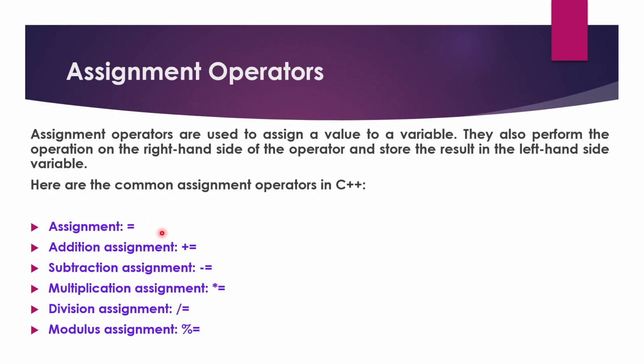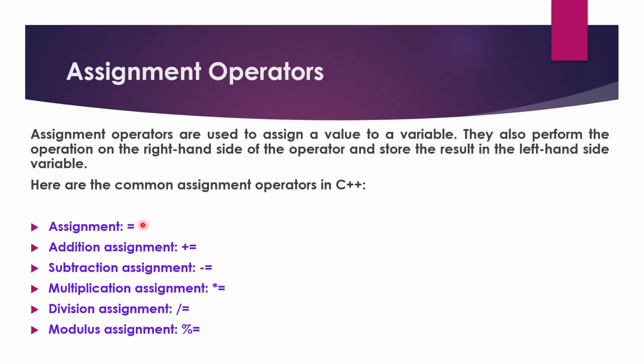At the same time, whatever is on the right hand side of the equal sign, that operation will be performed and then the value will be stored in the left hand side variable. I will give you an example so that you can understand. You can see here they also perform the operation on the right hand side of the operator and store the result in the left hand side variable.